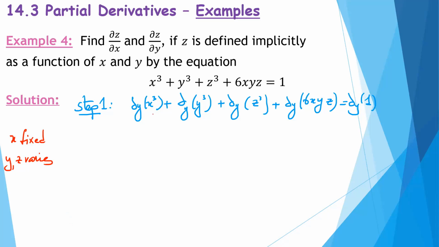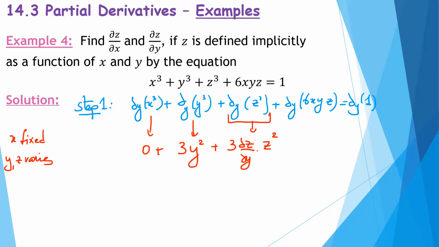So what is d/dy x cube? 0. This is 0. What is d/dy y cube? 3y square, bravo. What is d/dy z cube? 3 times the derivative of z, dz/dy, times z square.